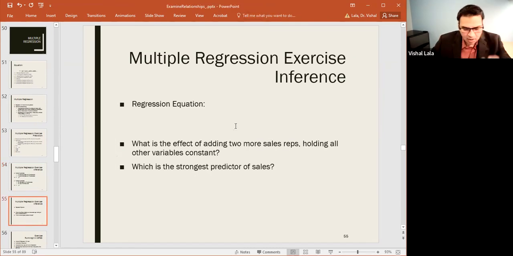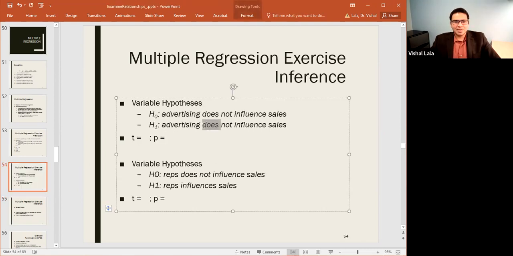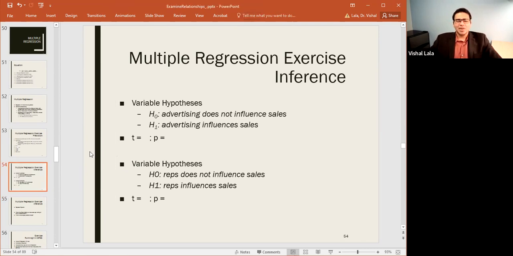Sorry about that. Okay, here we have it set up now. You'd want to write a hypothesis for WEI also in the same kind of respect as for advertising and reps.